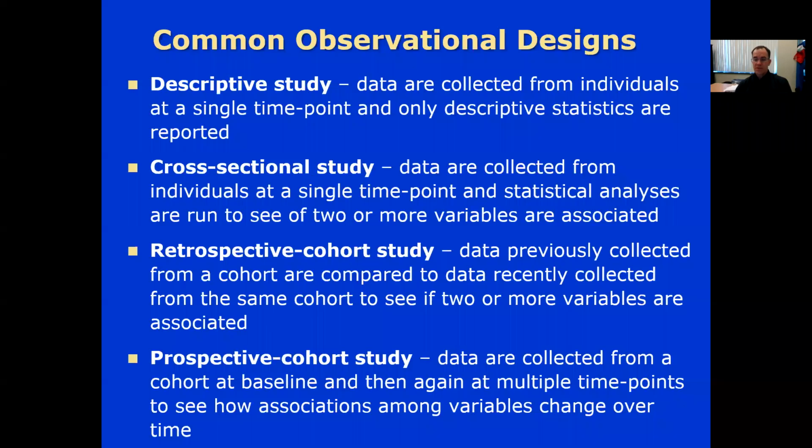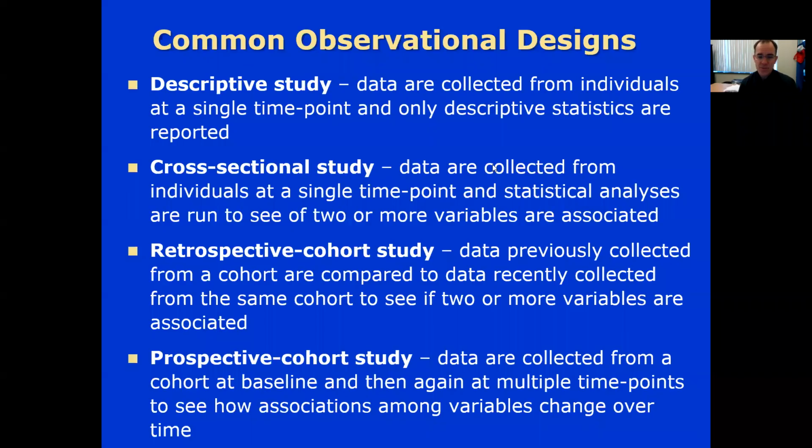Age would be the independent variable, physical activity would be the dependent variable. Or it could be age and body weight. As you get older, is there an association with increased body weight? So that's a cross-sectional study. It can be used to help describe some phenomenon and maybe an association between two variables.